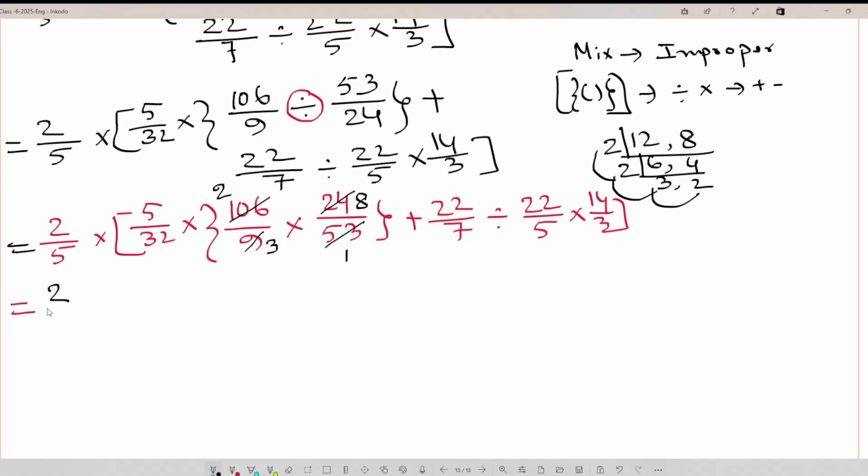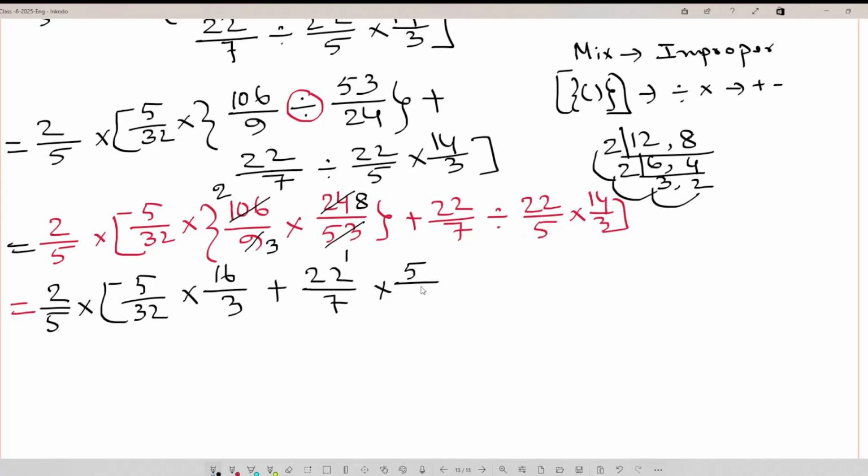So here is 2 by 5 times 5 by 32 times here is 8 times 2 is 16 divide 3. Okay, then plus here is 22 by 7, this is inside the third bracket, so multiply, 5 will be the denominator and 22 will be the numerator.